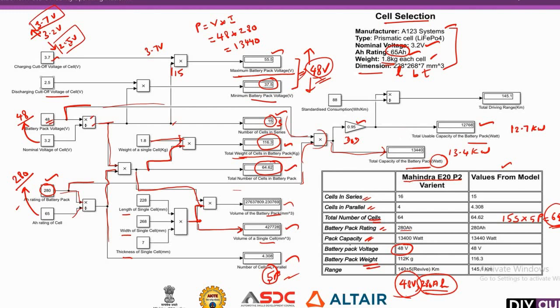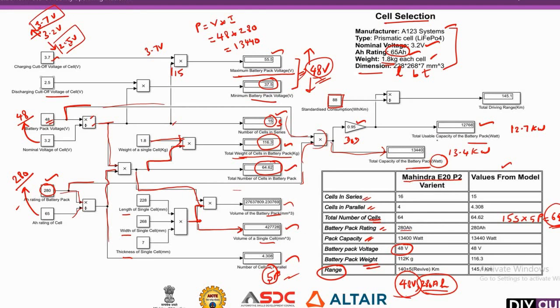Now finally we are going to calculate the range of the battery pack that we have set. Depending upon the driving pattern, you will have a certain consumption of power. For a standardized driving pattern, the standardized consumption is taken as 88 watt hour per kilometer. For 1 kilometer, we are consuming 88 watt hour.